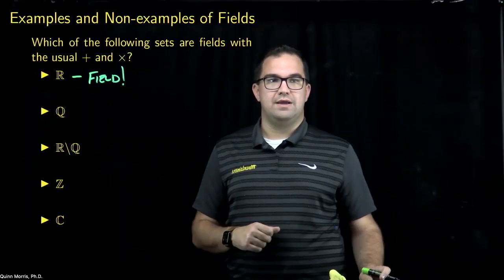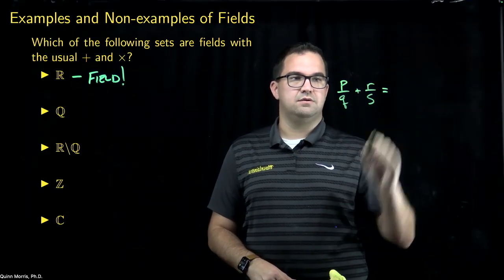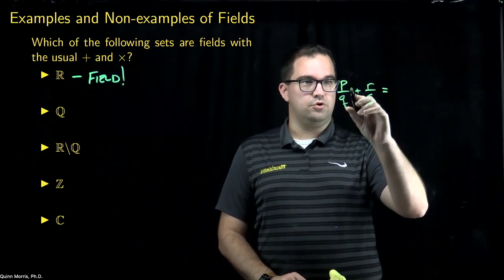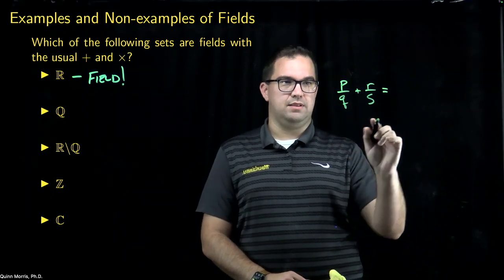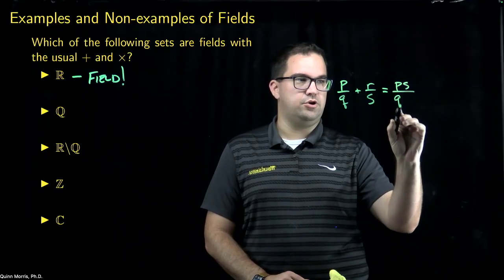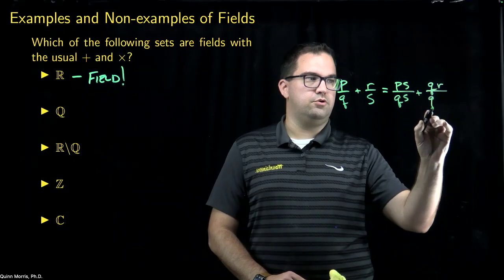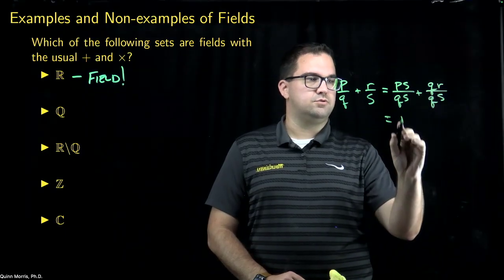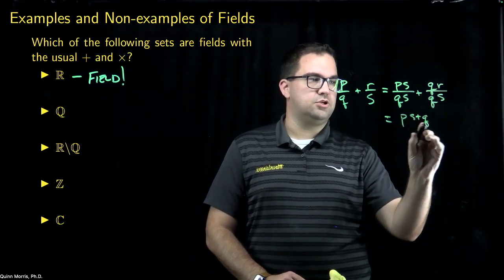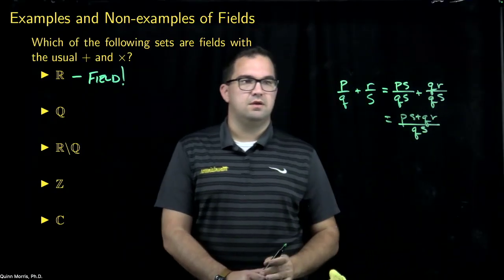And in general, right, you could show that if you add P over Q plus R over S, I'm not going to do this for every example, but let's just quickly run through this. So this would be PS over QS plus QR over QS, which would be equal to PS plus QR over QS.